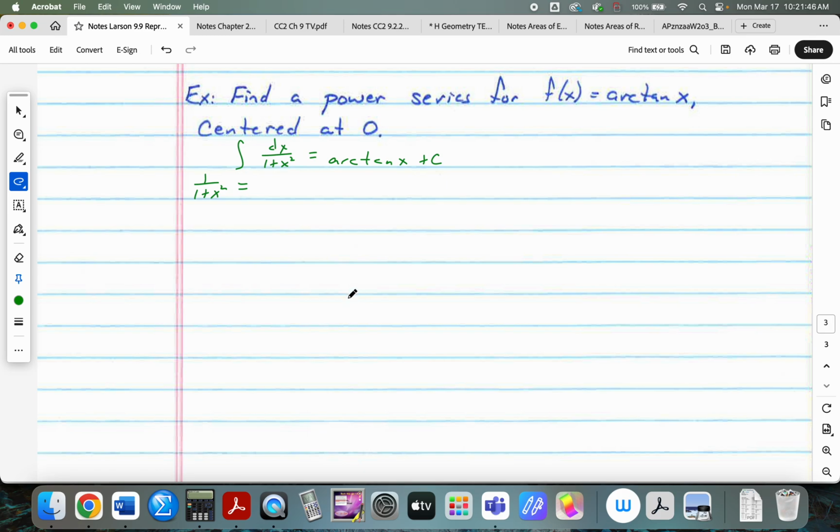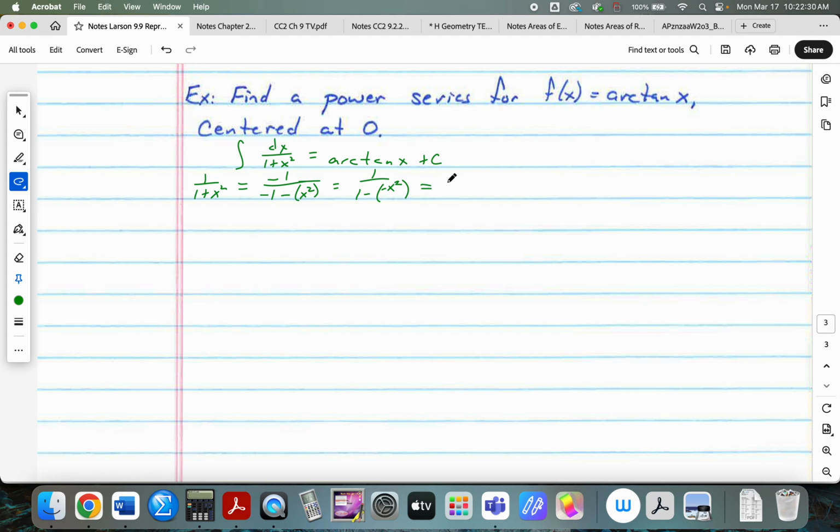Again, I want it to be a over 1 minus r. So I'm going to multiply everybody by -1. And then divide everything by -1. So this will be the opposite of x squared. And you can skip over this second step if you want. I just find sometimes if I do too many things at once, I get lost. But yeah, this is 1 minus the opposite of x squared.